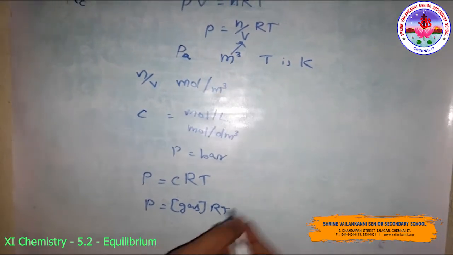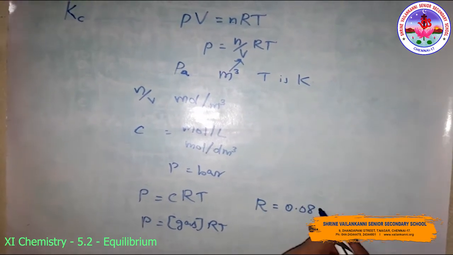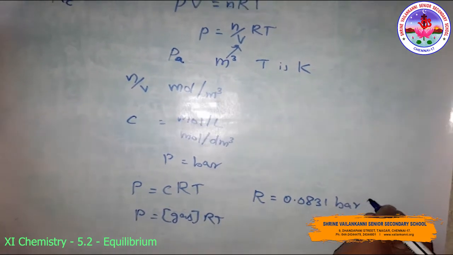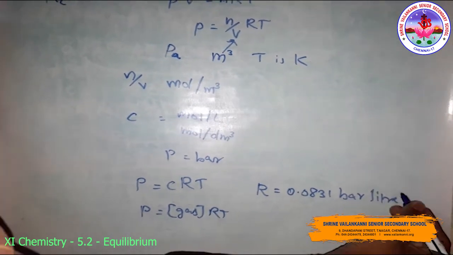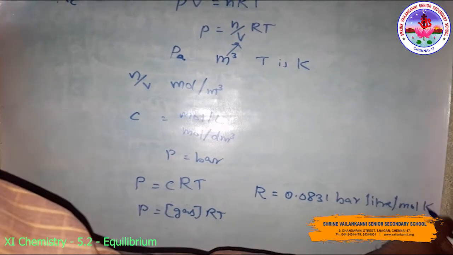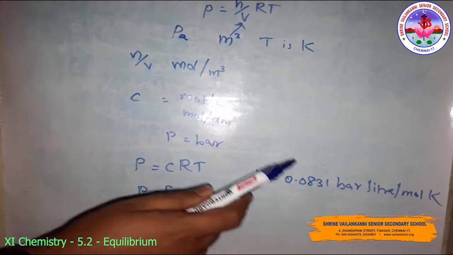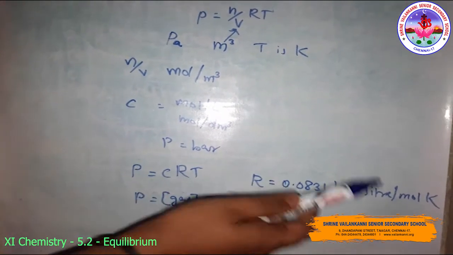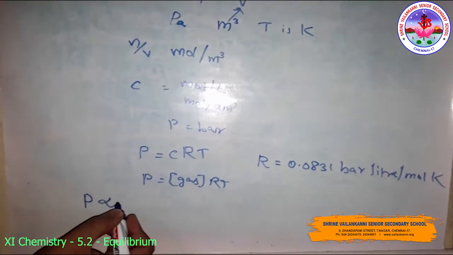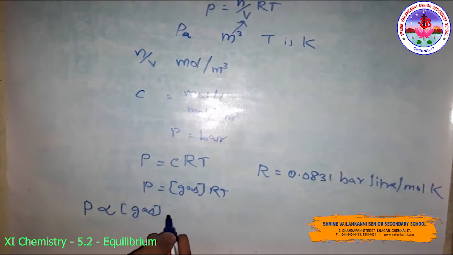Here the R value is 0.0831 bar liter per mole Kelvin. At constant temperature, the pressure of a gas is proportional to its concentration. That means P is directly proportional to the concentration of the gas.